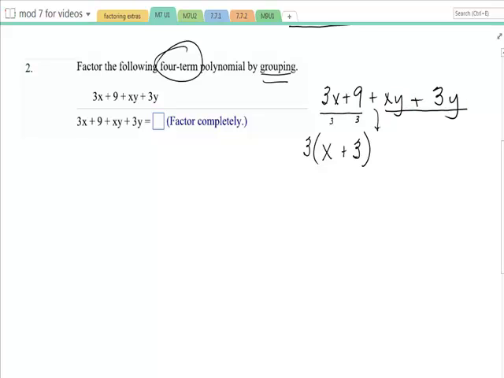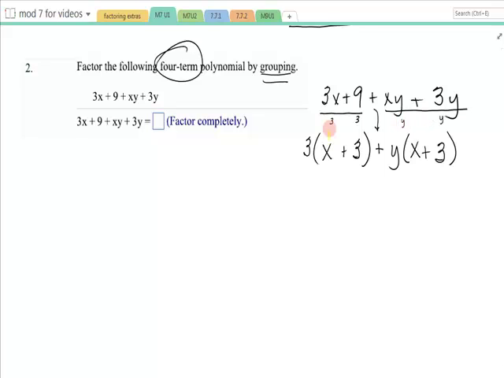Remember, bring down whatever the sign is between them. What's the common factor here? Y. Y goes into this term, dividing out itself, leaving you with just an x. And if this one is divided by y, it will leave you with a 3. So remember, you can do this if it helps you.